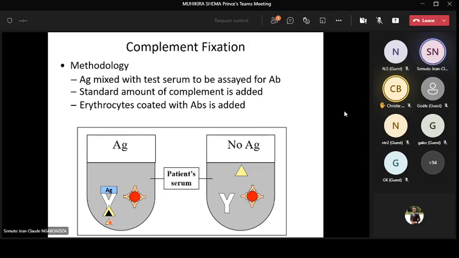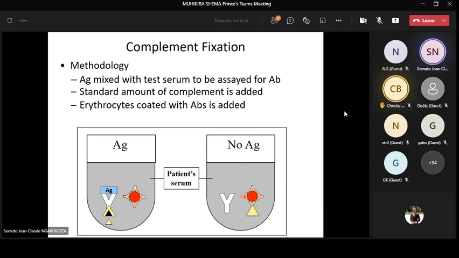Iyi complement kubera ko iri fixed already kuri izi antigen, so most here will just be lysed. Kubera ko complement free is binding a free complex, then we completely destroy this cell.